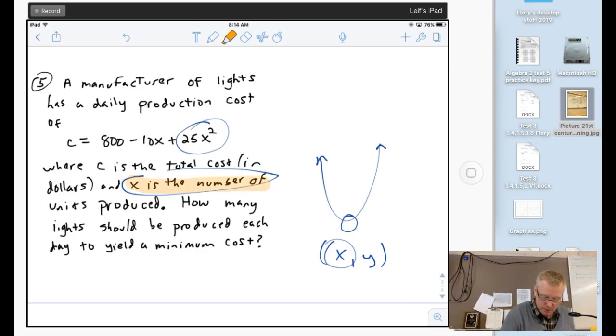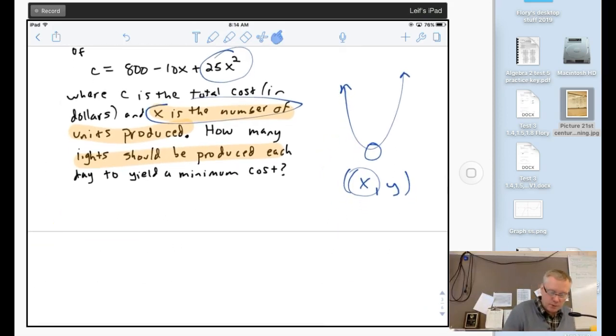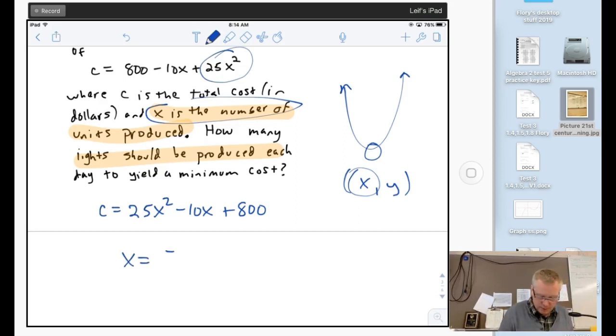So that will give me the minimum. Okay, so if I take that equation, I'm going to switch this around for a moment just because I like the x squared first, I like the 10x second, and I like the 800 third. Okay, so x equals negative b.